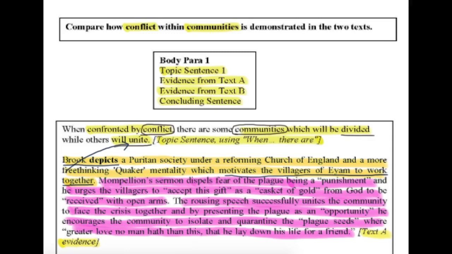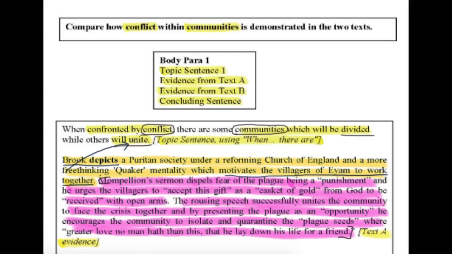So all of that in pink is basically the proof or the evidence of the first part of the sentence, which is, the author motivates the villagers of Eyam to work together.